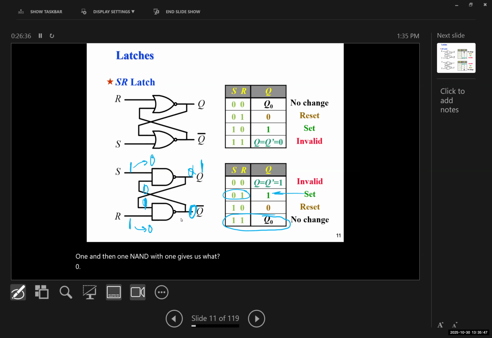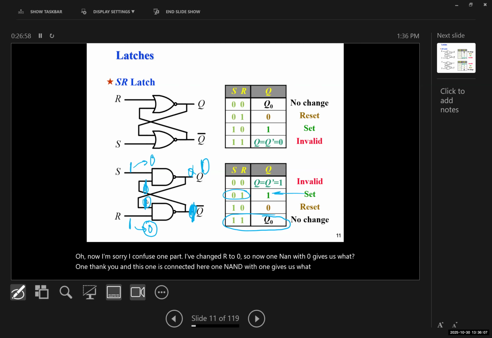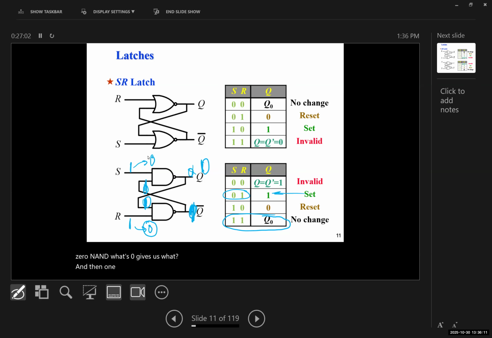Oh, I'm sorry, I confused one part. I've changed R to 0. So now 1 NAND with 0 gives us what? 1. And this one is connected here. 1 NAND with 1 gives us what? 0. And then 0 NAND with 0 gives us what? And then 1 NAND with 1 gives us what? 0.